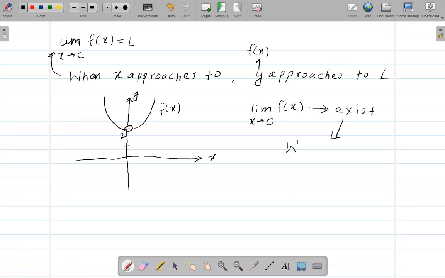is when both the limit of x goes to 0 from the right of f of x is equal to the limit of x goes to 0 from the left.